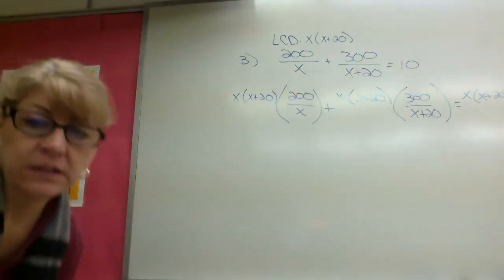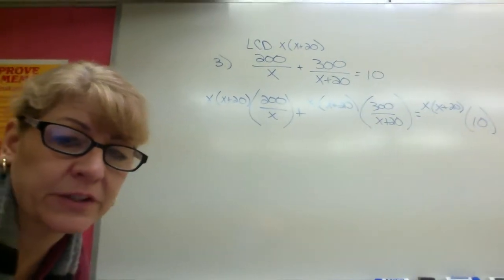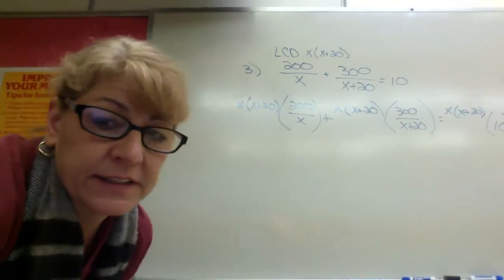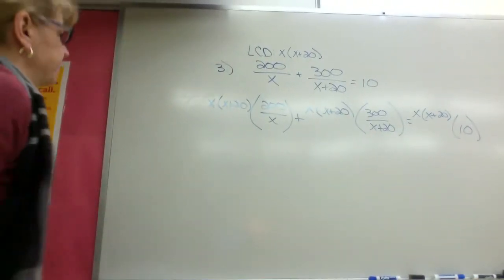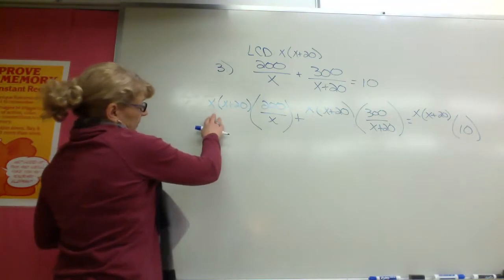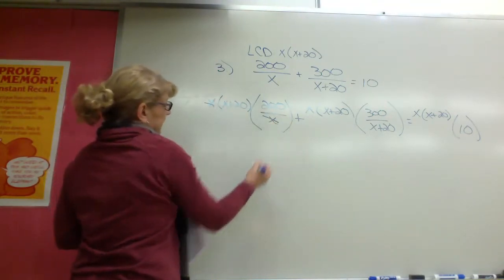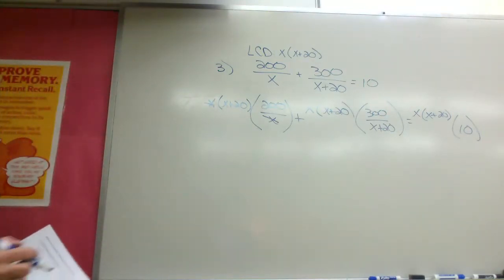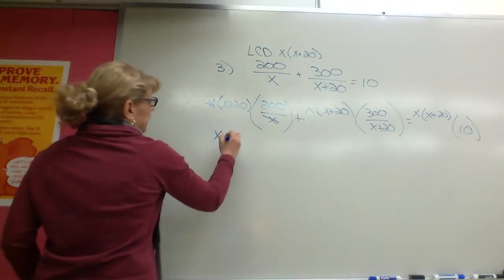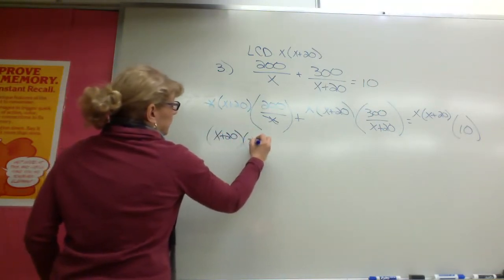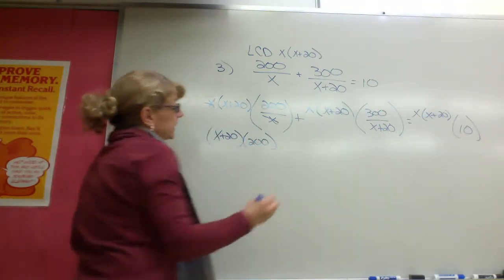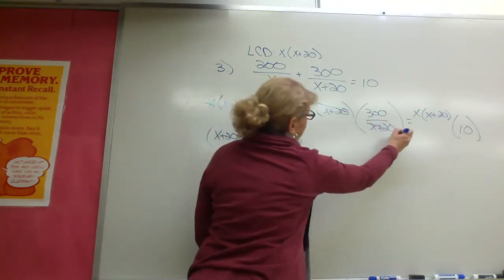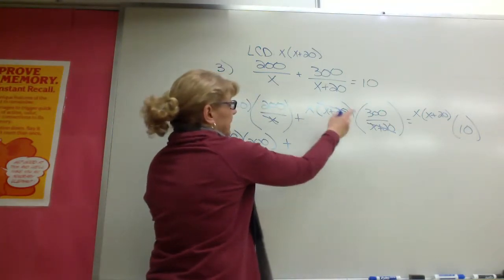Okay, so now let's take a look at solving this equation. First term, my common factor is an x. I'll cancel that. So then I will multiply x plus 20 times 200. In the next term, common factor between the numerator and denominator is x plus 20. I will cancel that. So I have x times 300.